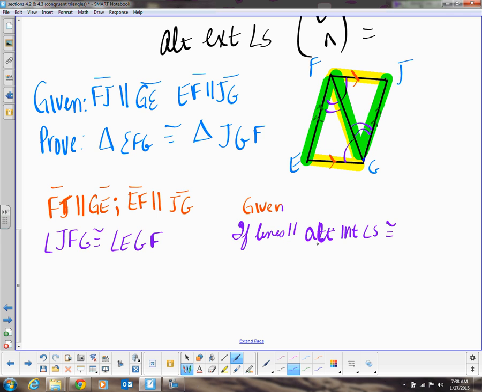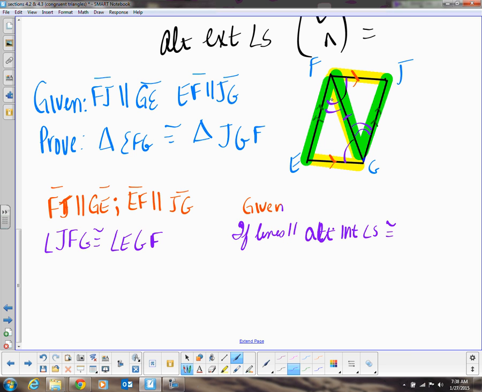Yeah. Brittany? They share the side FG. See it? Okay. This side FG is in this triangle. Okay? And this side FG is in that triangle. So since it's the same segment, doesn't it have to be equal to itself?